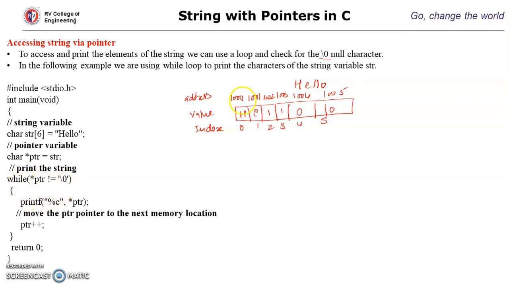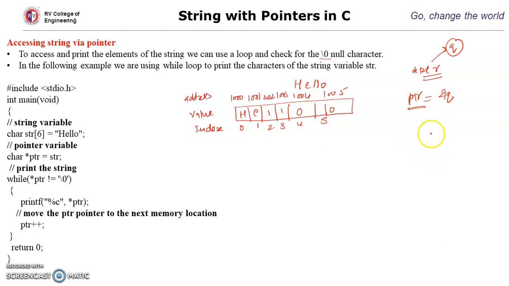In my pointer video, I've already explained, suppose pointer ptr is a pointer variable, and it is pointing to some variable, q. See, it is pointing to q, meaning the address of q is assigned to ptr. Now if I just print ptr, what will it print?